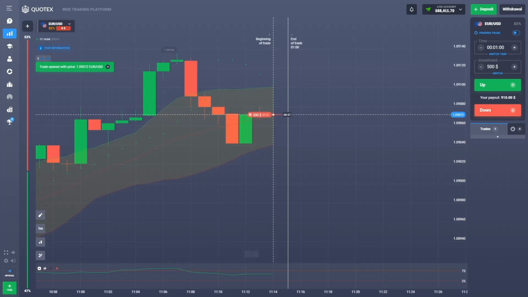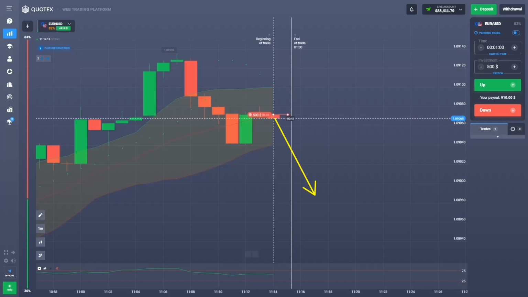So let's open the first trade. As you can see, guys, I'm opening a short position. 100% this one is going down as usual. I'm trading here on Quotex, and I usually trade on IQ Option.